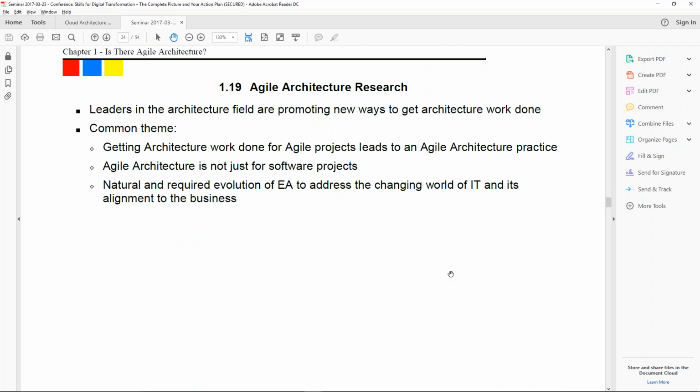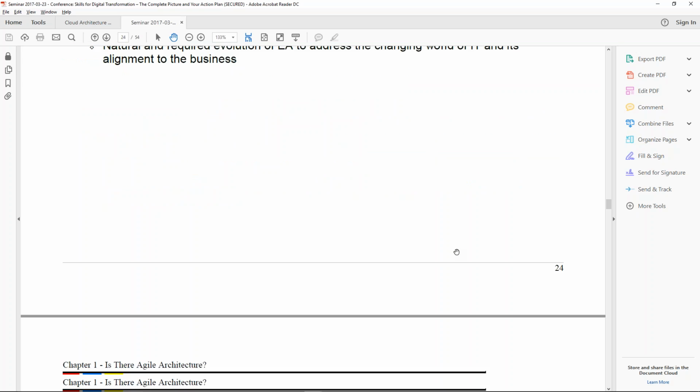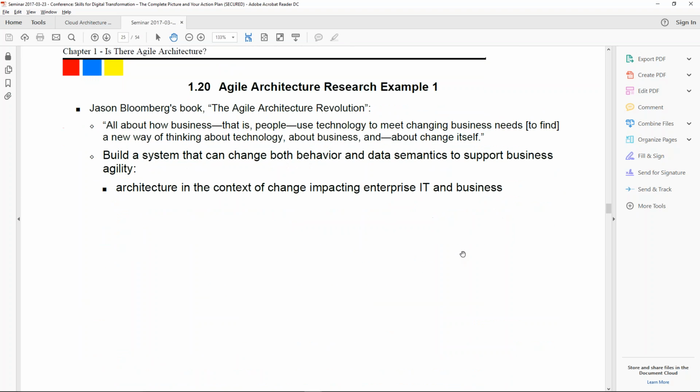So there's some folks in the architectural world who are trying to figure out how to get architectural work done in Agile. And sometimes that leads to an Agile architecture practice. Agile Architecture Revolution is a book by Jason Bloomberg.